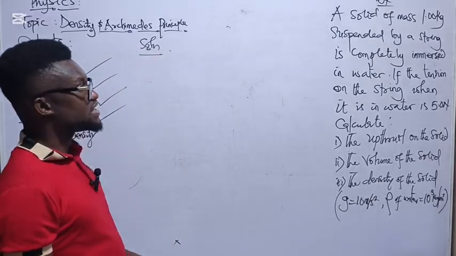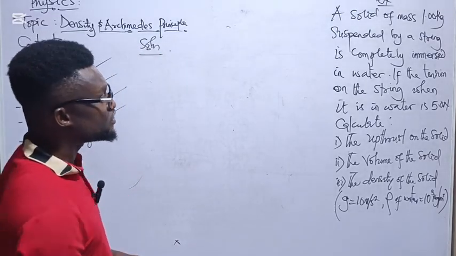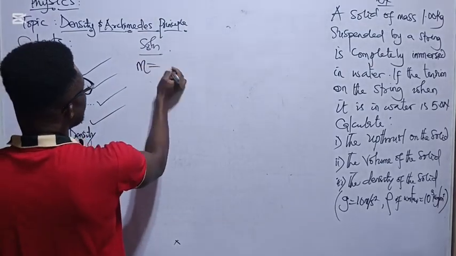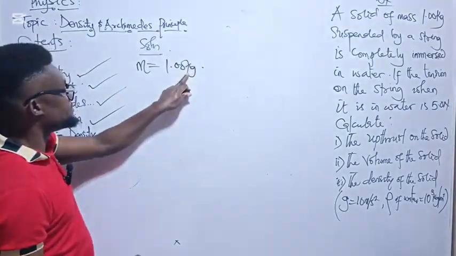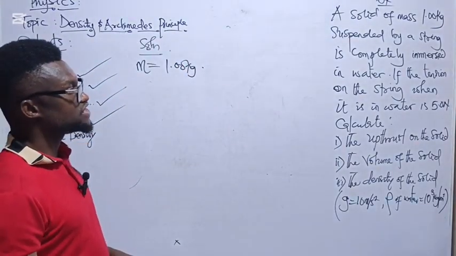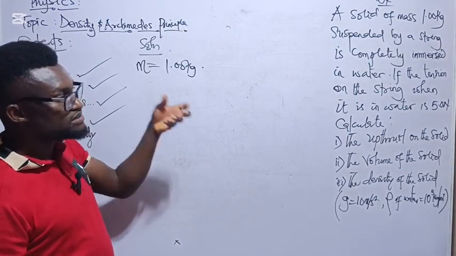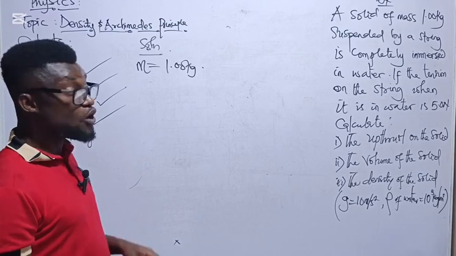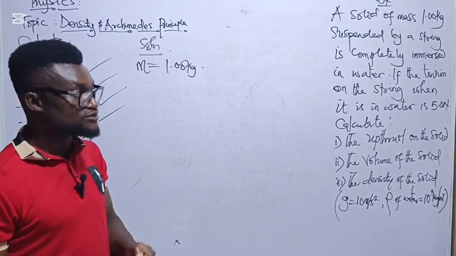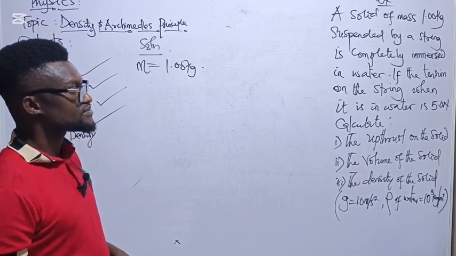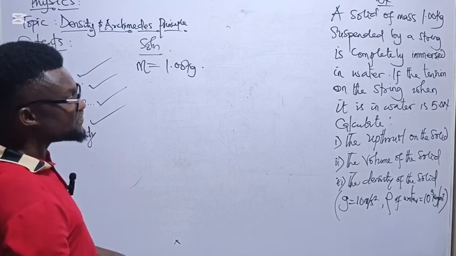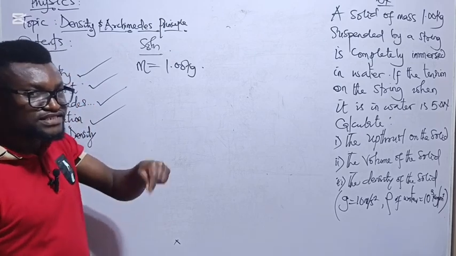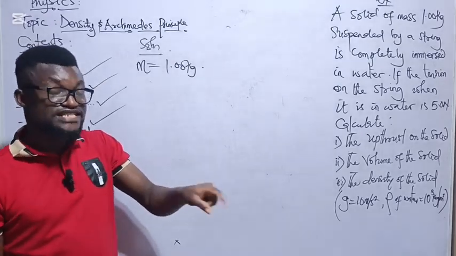we write down the parameters. A solid of mass 1 kilogram. Now this is the actual mass of the body, which is 1 kilogram, suspended by a string, completely immersed in water. Note that very statement. If the tension on the string when it is in water is 5 Newton, that means the weight is 5 Newton when it is in water.